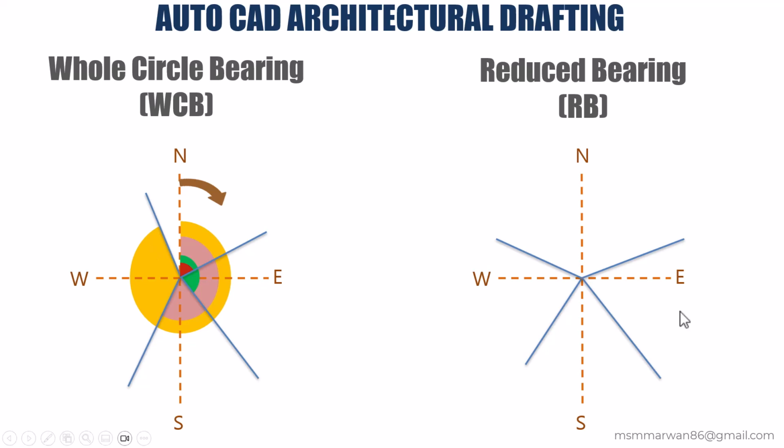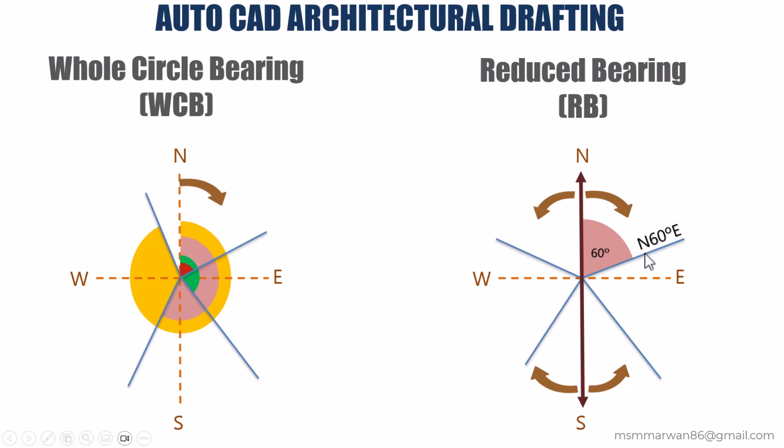Now we'll jump into reduced bearing. What is reduced bearing? It means we measure the angle from the north or south line. For example, if you want to measure the angle of this line, we can say simply 60 degrees. But 60 degrees from which direction? That is very important.